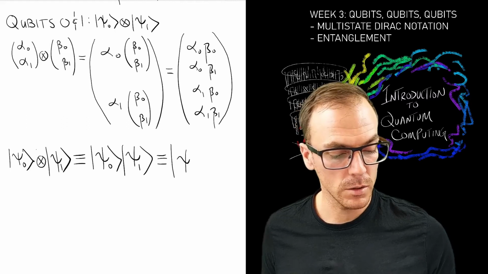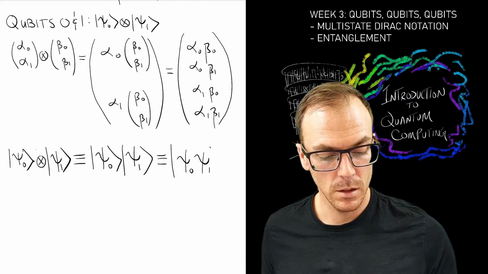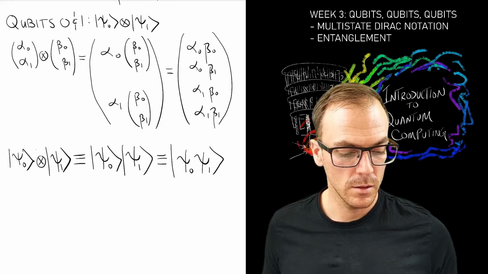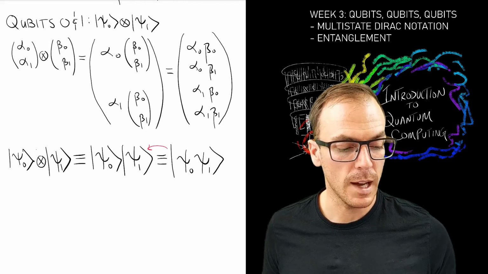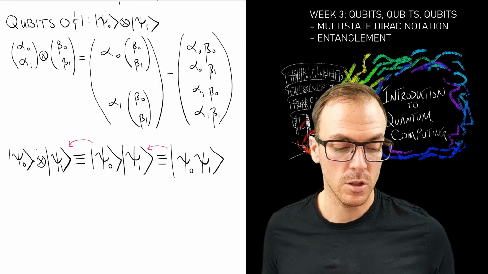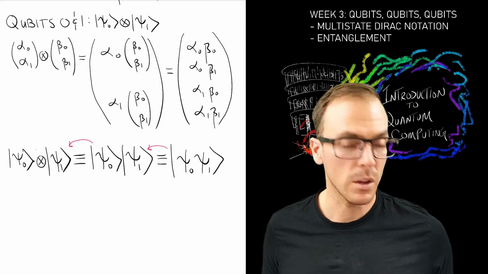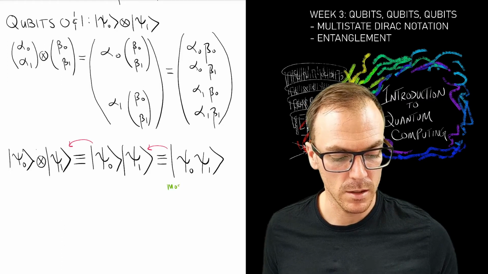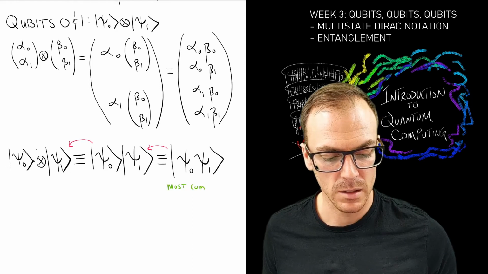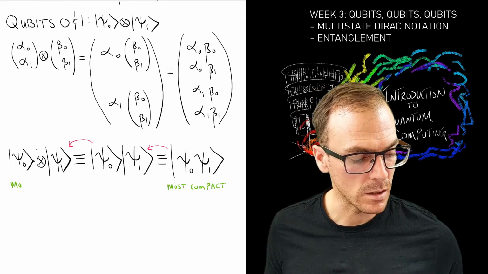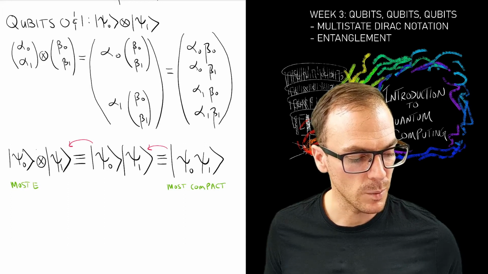And we can also write it like this. So this really means that, and that means that. So this object on the far right is just shorthand notation for the object on the far left. And you might say that this is the most compact, and down here this is the most explicit.